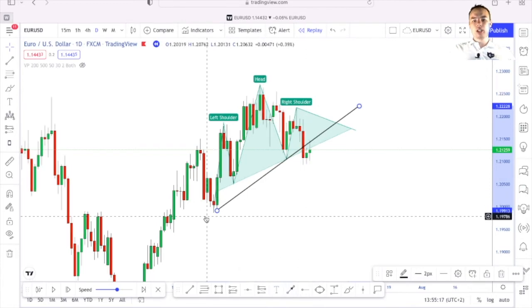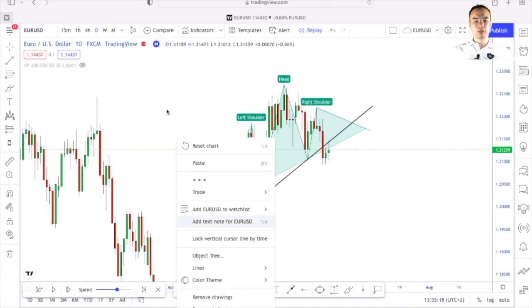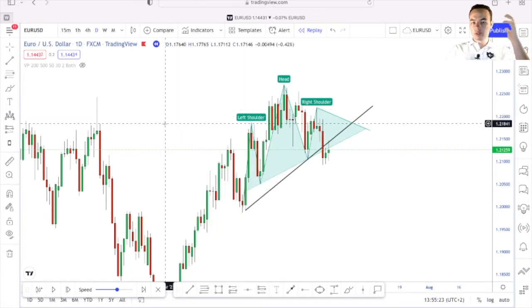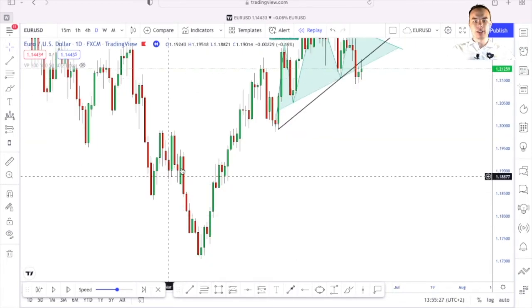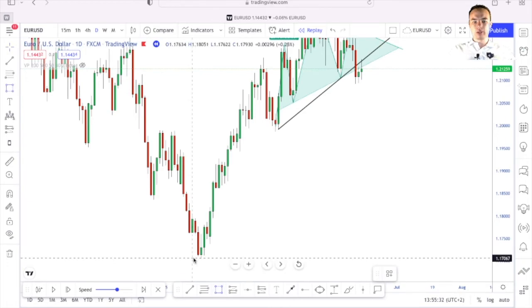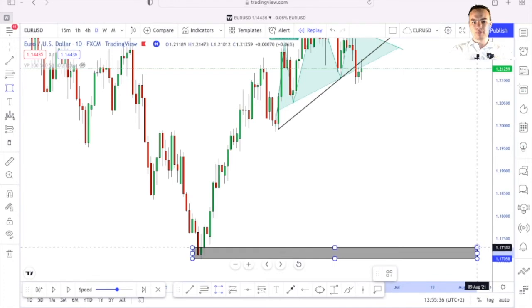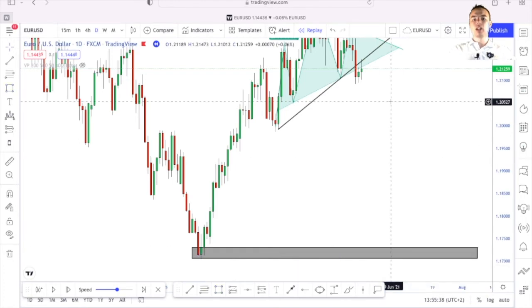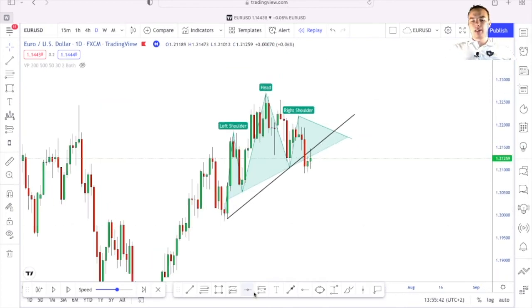So where is our potential take profit? Our potential take profit, if you can see here, this is an institutional rejection. So it will be along the lines of somewhere here. Okay. So we then again take out the short position tool.